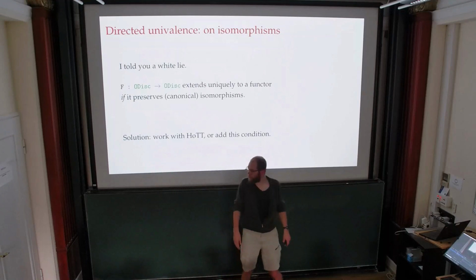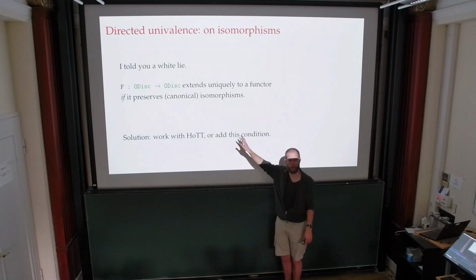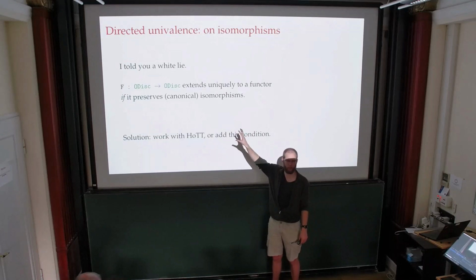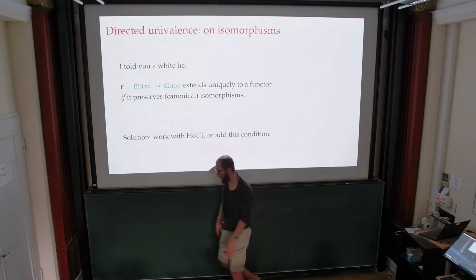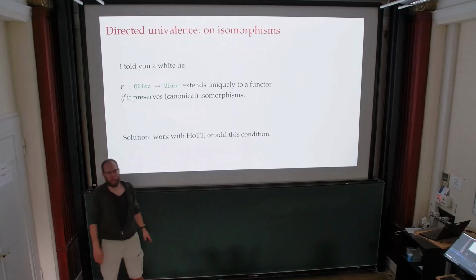So the middle ground solution is we assume that all our axioms only apply to zero types, h level 0, and all our theorems only apply to types in h level 0. And then it makes sense in homotopy type theory.